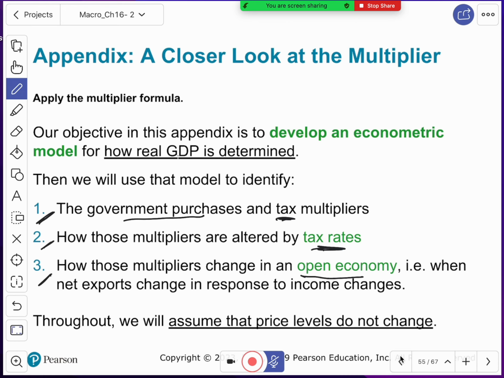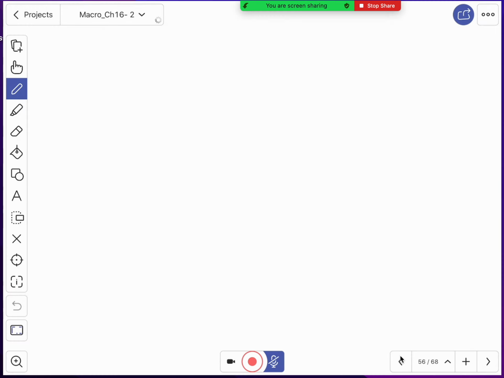In all of these multipliers, we have an important assumption that prices do not change. So when we start with the first one, which is the closed economy multiplier with lump sum tax, we have a simple model. When we say a closed economy, we don't have net exports.